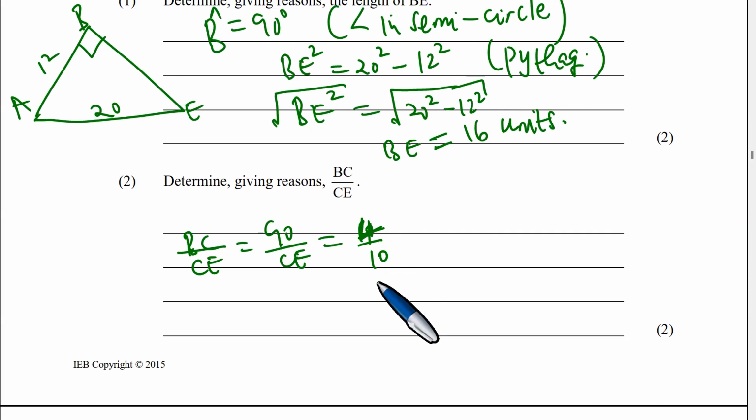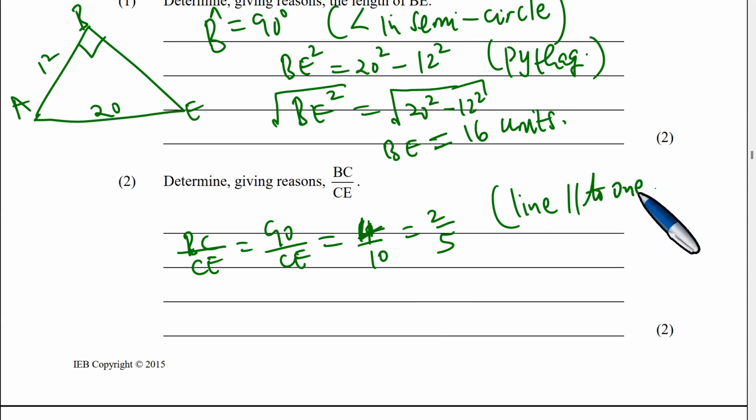Right, and if it is 4 out of 10, you can say it is 2 out of 5. Why is this the case? Because the theorem says that a line parallel to one side of a triangle divides the other sides proportionally.